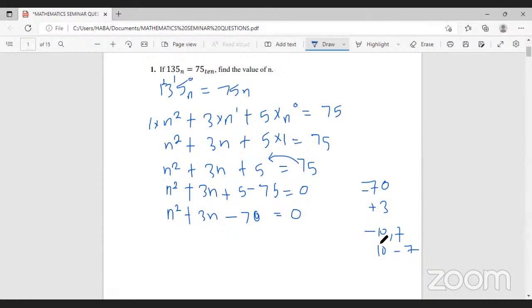So the 10 and negative 7 are going to be substituted where we have 3n. So we say n squared plus 10n minus 7n minus 70 is equal to 0. What did we do after that step?